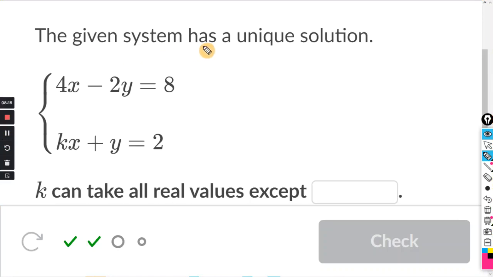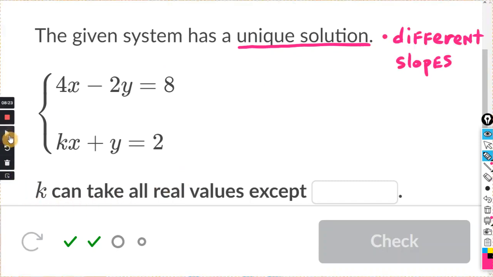The given system has a unique solution. All right, for a unique solution, we said the lines have to have different slopes. So k can take all real values except, well, what was the opposite? Remember the other two scenarios other than unique solution.